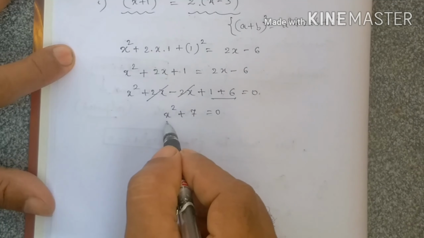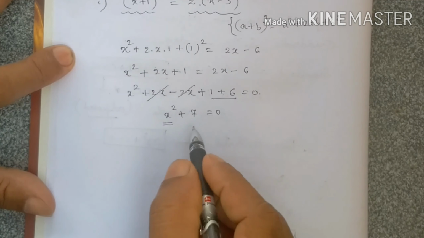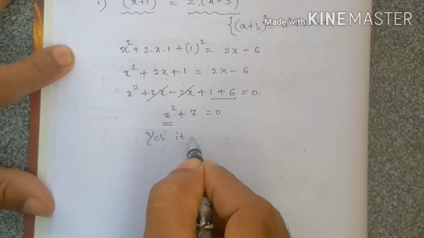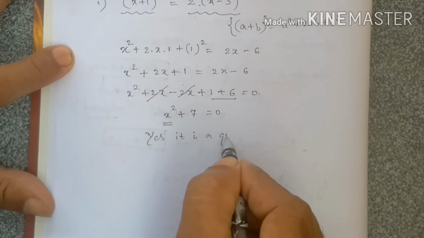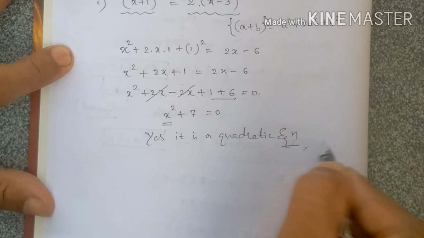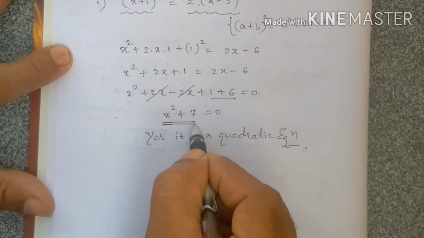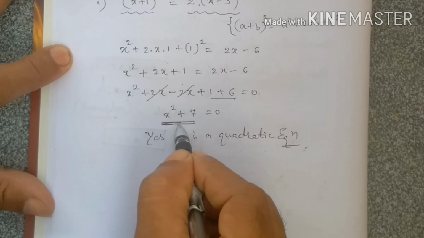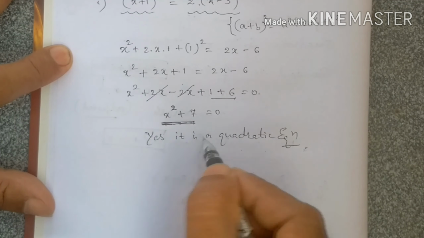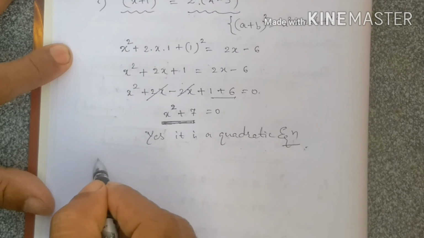Once again we can observe the degree of this equation is 2, hence yes, it is a quadratic equation. Here the middle term is not there, the x term is not there, but however the degree is 2, hence it is in the pure form. Therefore it is a pure quadratic equation.